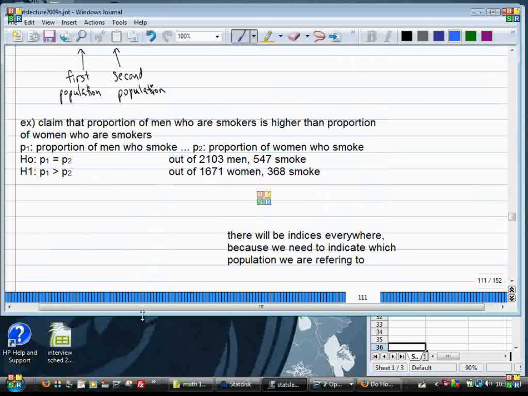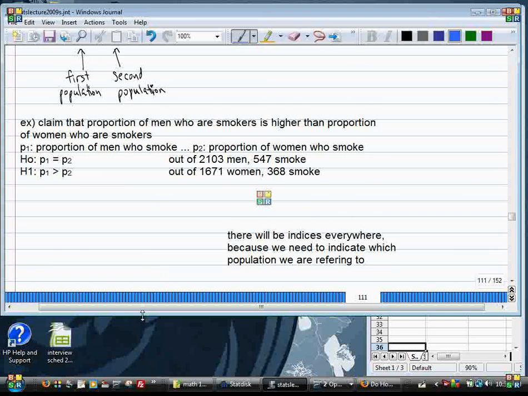You have to say N for the men and then N for the women. And how are we going to write that down in notation? N1 and N2. Exactly. So one thing to be careful of is, as you're going through the problem, 1 represents which group? Men, and 2 represents which group? So I think it goes without saying that you don't want to get confused halfway through the problem and switch. So you have to keep this in mind, which group is which, as you're writing these things down.